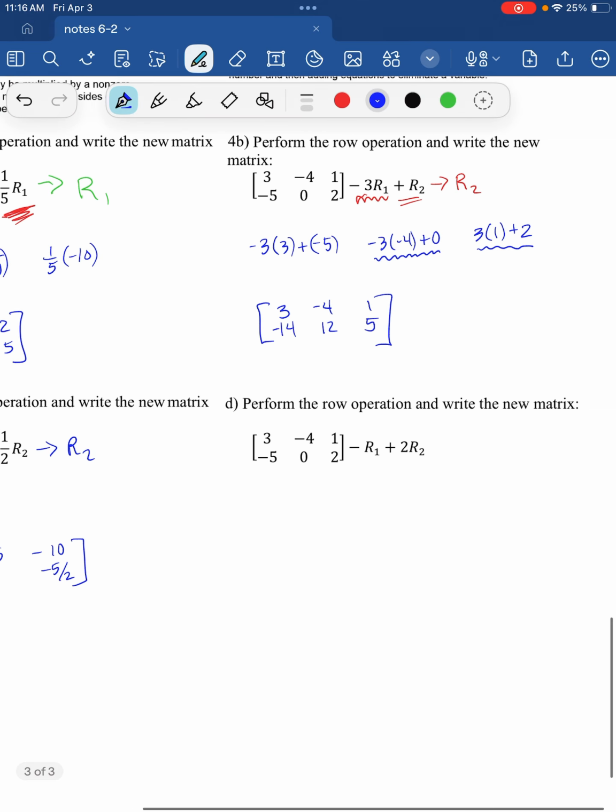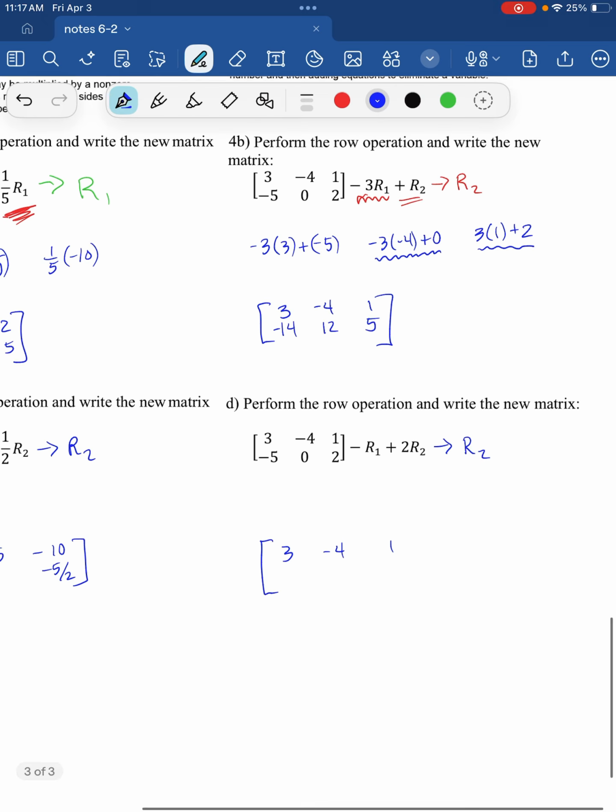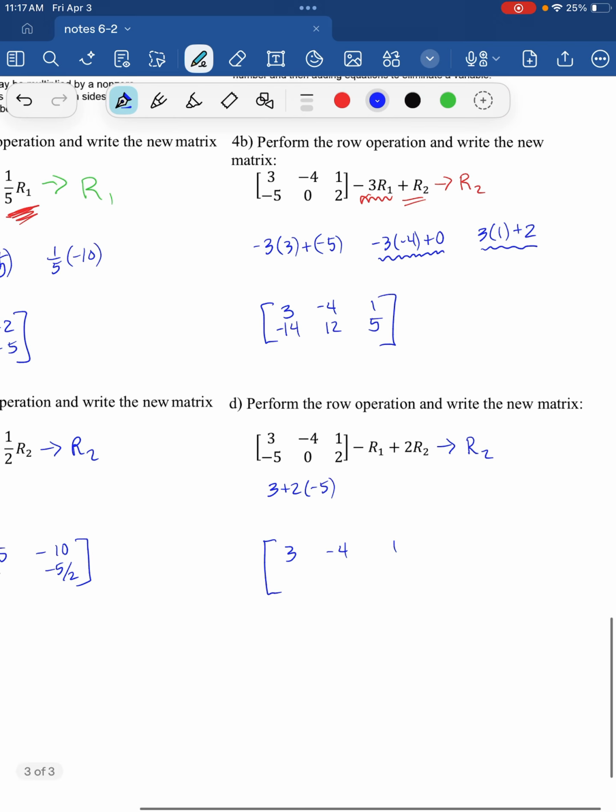And the last one of these, we have the negative of row 1 being added to 2 times row 2, and we'll put this in row 2 as well. So the top row, 3, -4, 1 is not changing, but we're taking the first row's first element, 3, and adding 2 times row 2's first element, which will be 3 plus a -10, which is -7.